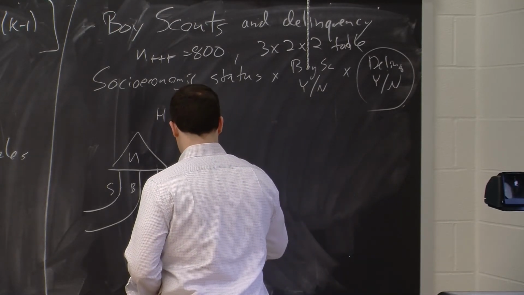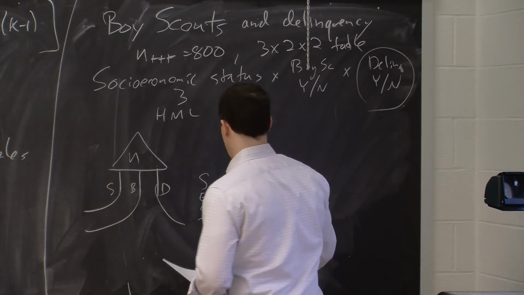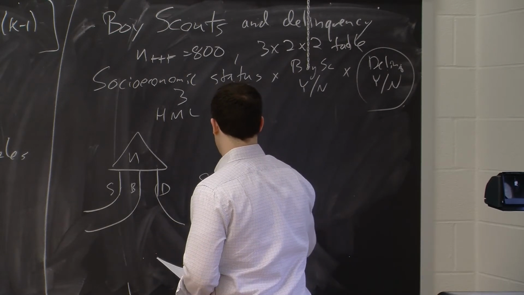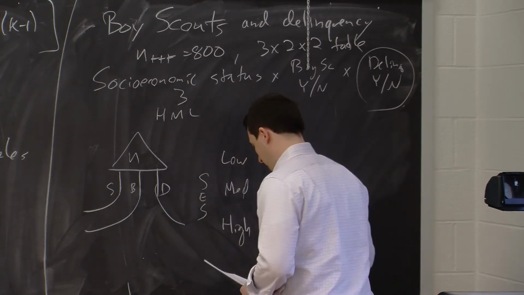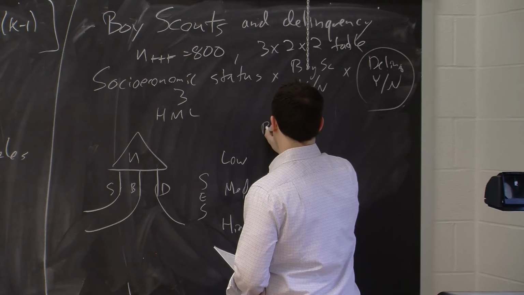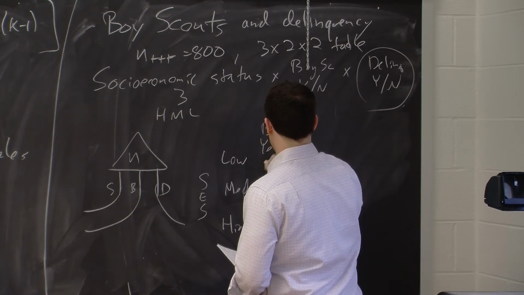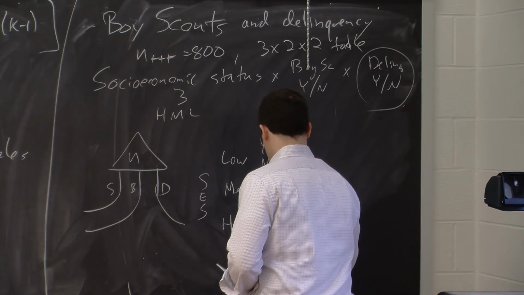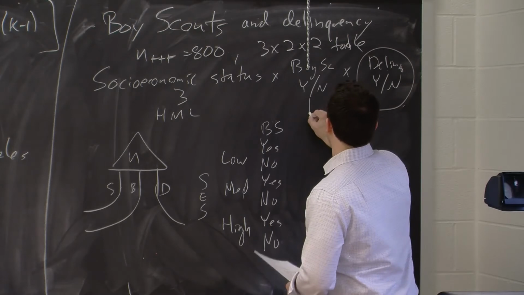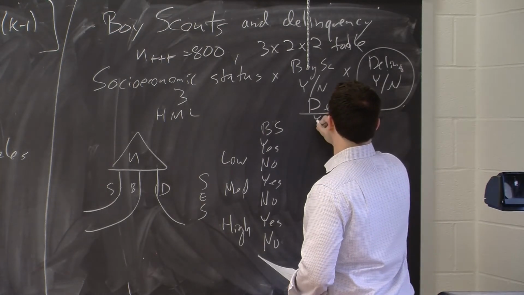SES is the first factor, lexicographically, second factor Boy Scout. So low, medium, high. Boy Scout is the second factor, lexicographically. Yes or no. And then our predicted thing is going to be delinquent. Yes or no.